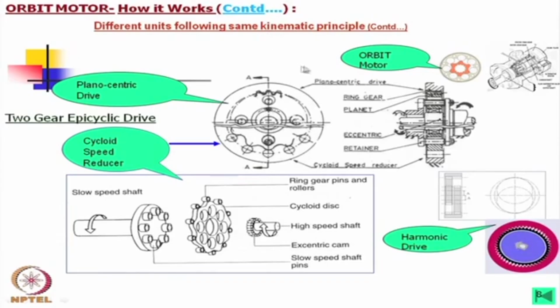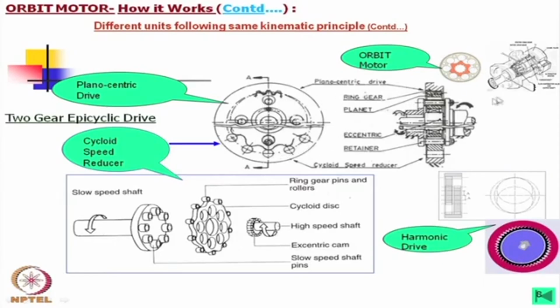In that category, the harmonic drive is there, the orbit motor is also falling in the same category. Then there is another machine called the cycloid speed reducer, which also falls in the same category.